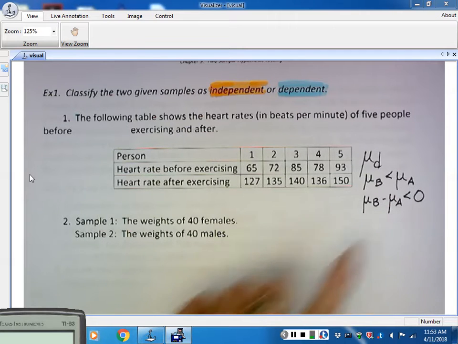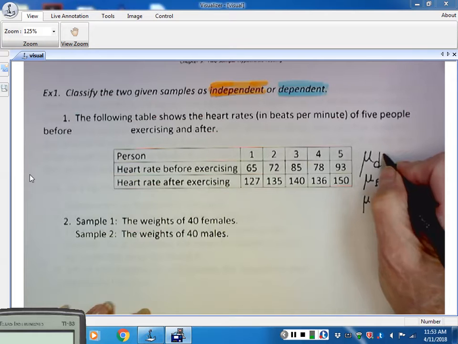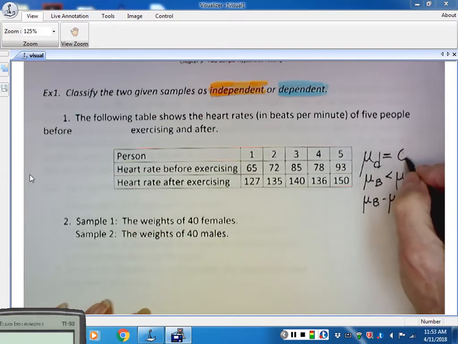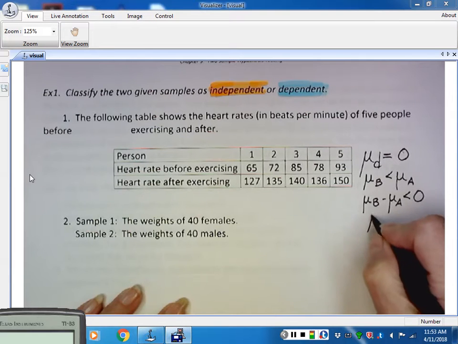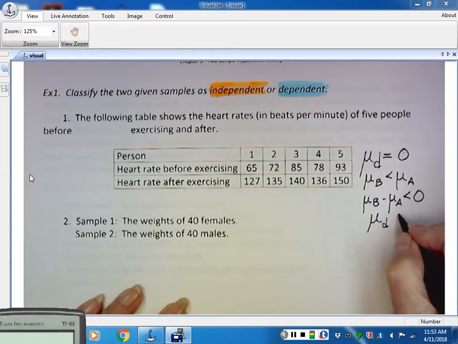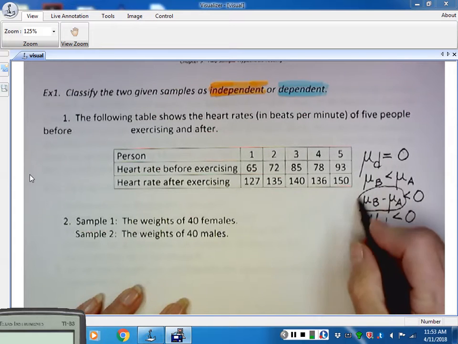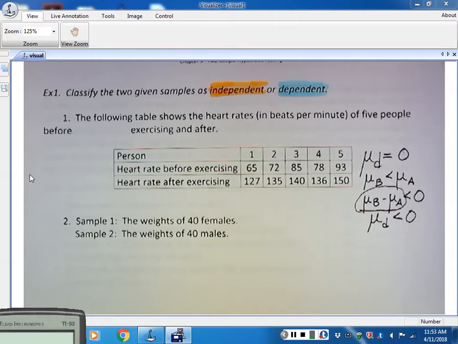Okay? So while our null hypothesis here might say the average difference is 0, there is no difference in the two heart rates, then what our alternate hypothesis might say is the mean of the differences is less than 0, because that's how you calculate the mean of the differences. Okay?